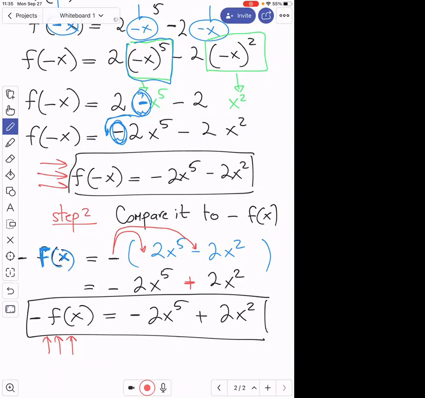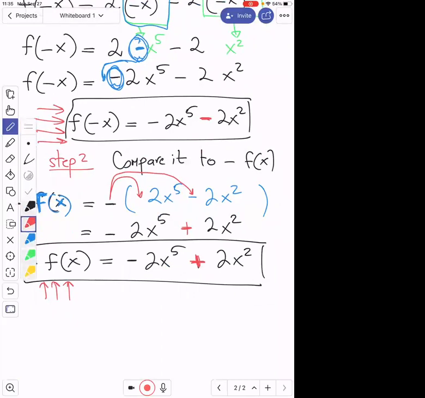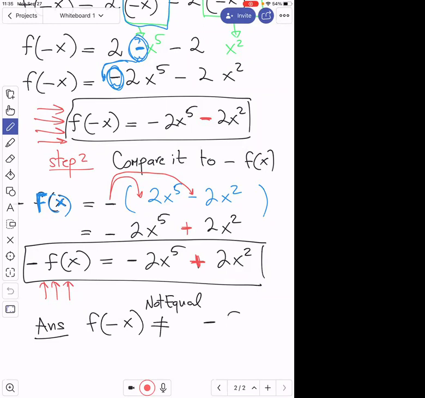Yes, absolutely. And as you can see, the two answers for the first step, f of minus x, are different. Here we have a minus, and here we have a plus. So they are not equal. So f of minus x is not equal to minus f of x, so f of x is not odd.